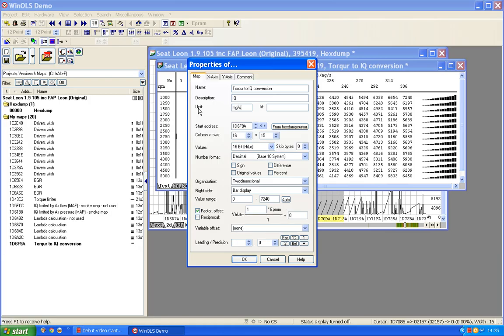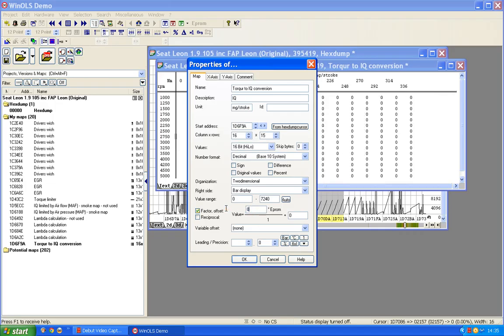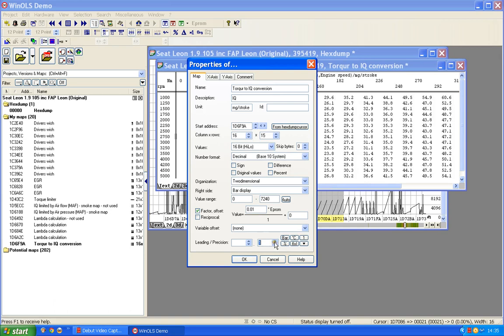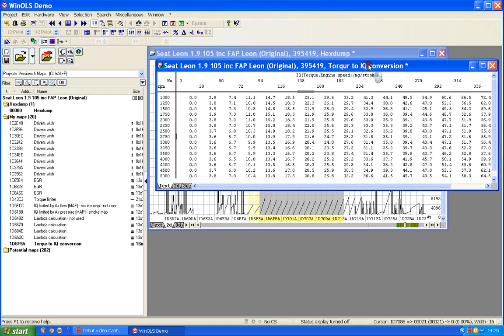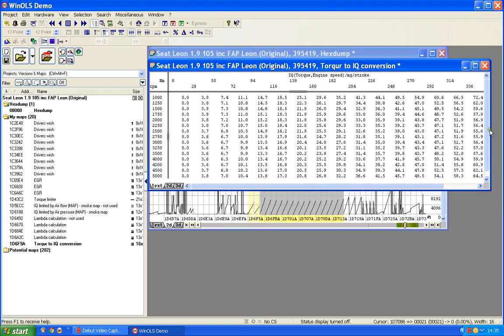I'm assuming that what we'll get is a figure in milligrams per stroke, and for that we normally use 0.01, which would seem a reasonable guess, and I'll go for one place after the decimal point. That's usually good enough for this sort of thing, so I'll say OK. Let's just stretch that out a little bit. I'll move that over a little bit so we can have a good look at the figures, see if we think they're reasonable.